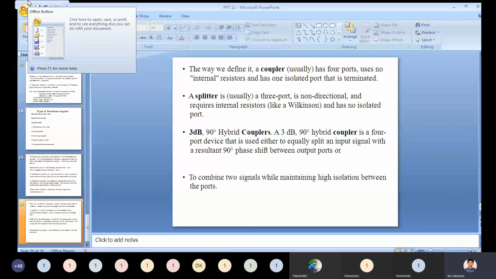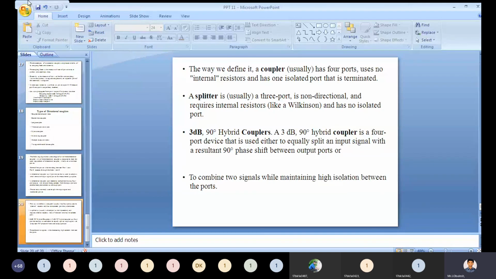In this also we need to see the way we define a coupler: it has four ports, uses no internal resistors and has one isolated port that is terminated. Here we have already used the term splitter. A splitter is three-port, non-directional, requires internal resistors and has no isolated port.